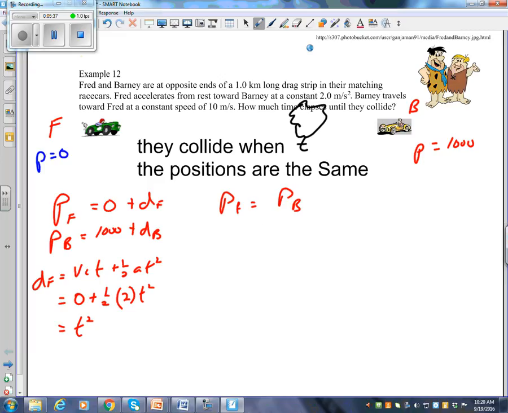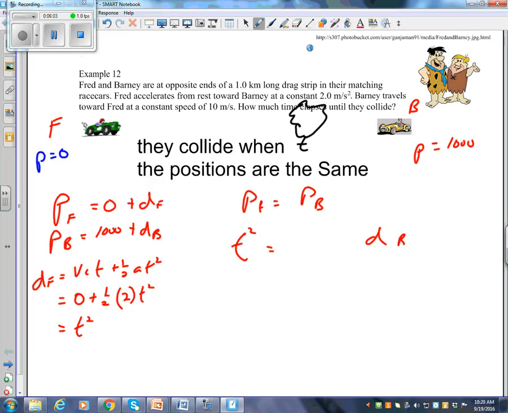Exactly. So over here in my master one, position of Fred is 0 plus dF. Do I even need the 0? No, actually Fred's position is simply t squared. Okay, position Barney is a little bit different. Let's go over here.